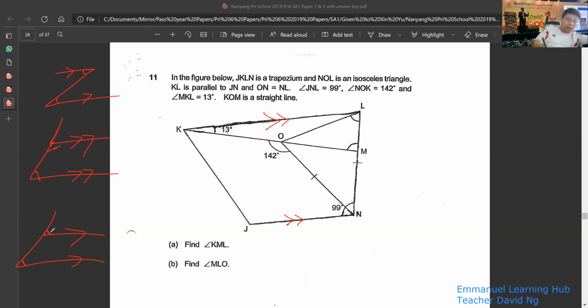What can you say about these two angles that I highlighted? What is their relationship? They are the same. Yes.